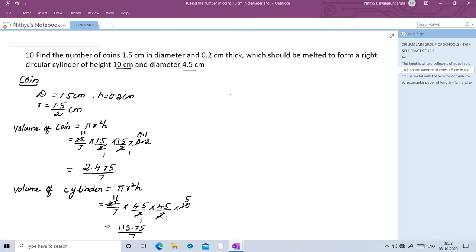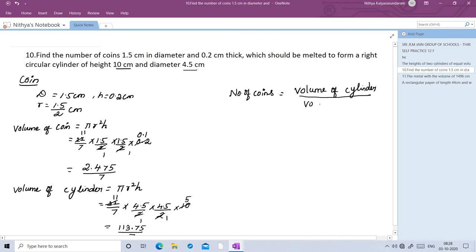So next we want to find out number of coins. So both the volumes we can divide. Number of coins is equal to volume of cylinder divided by volume of coin.